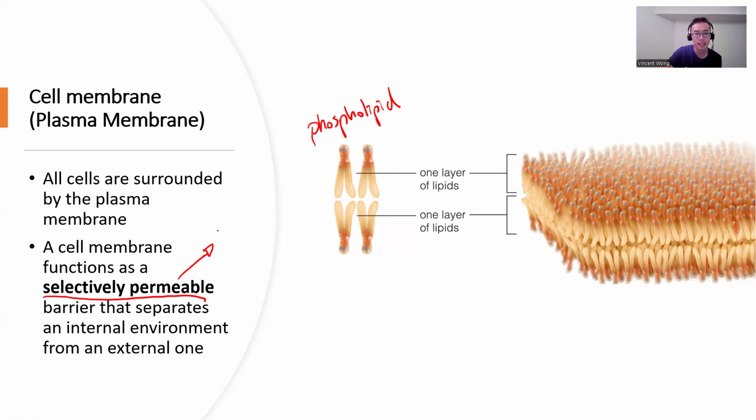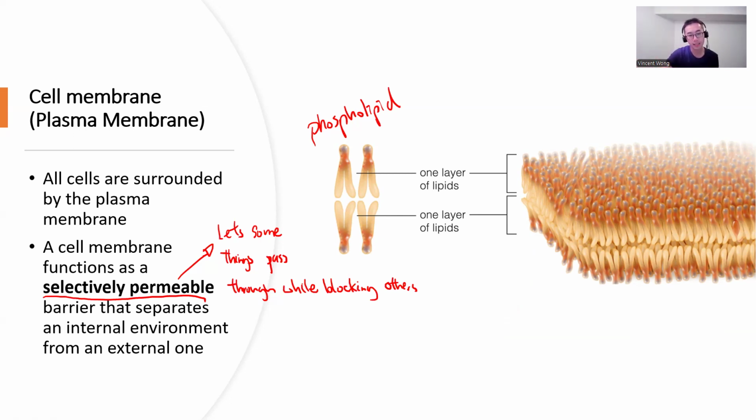Selectively permeable means it lets some things pass through while blocking others. If something is completely permeable, then anything can go through. If something is non-permeable, nothing goes through. If it's selectively permeable, then it chooses what can pass through.